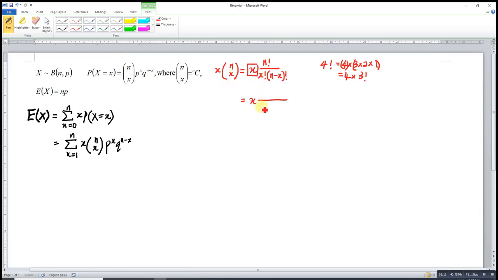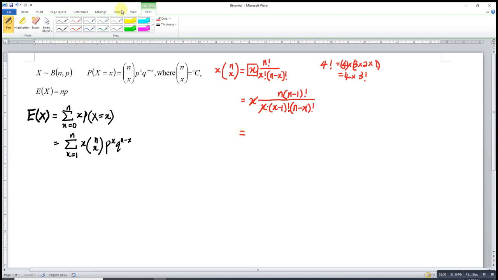So I will have x factorial here, so x times x minus 1 factorial, then times n minus x factorial. So for the numerator, in order to have the same pattern, I will take minus 1 as well. If I take n minus 1 factorial, I have to times n. So x and x cancel each other.